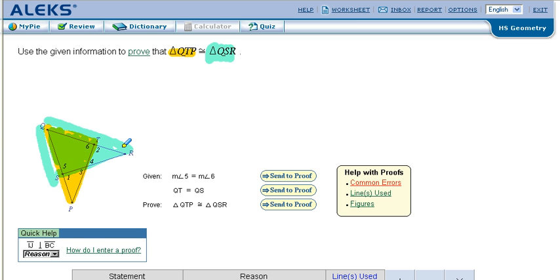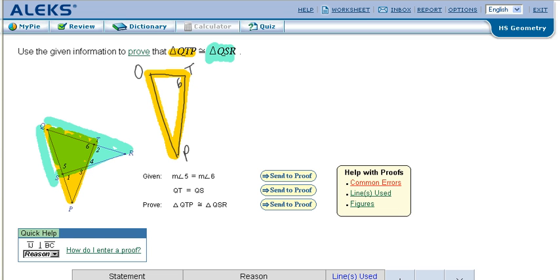So what I recommend you do first in overlapping triangles is to pull the triangles apart. I'm going to do that very carefully so it's easy to see. This would be triangle QTP, Q, T, down to P. And this would be angle 6 here.